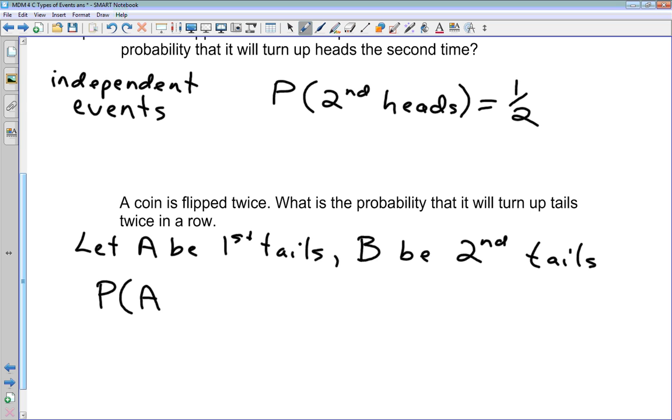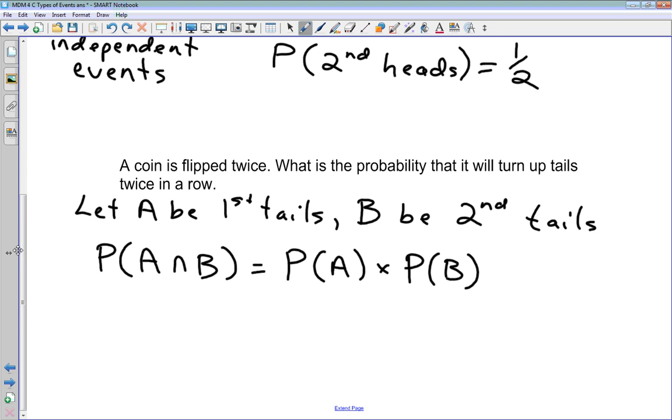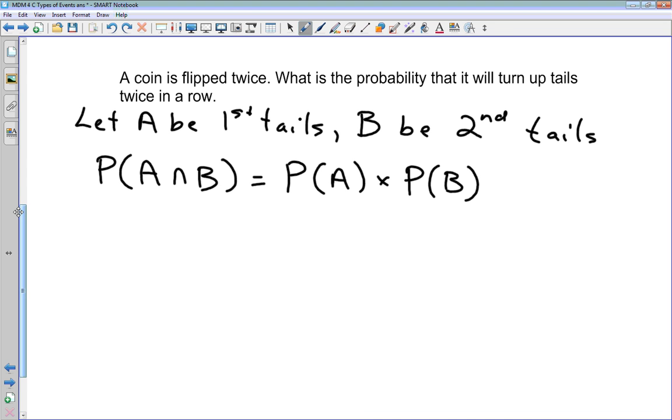So the probability of A and B is going to be the probability of A times the probability of B, because these are independent events. We know that the probability of getting tails the first time around is 1/2. The probability of getting tails in the second one is also 1/2.